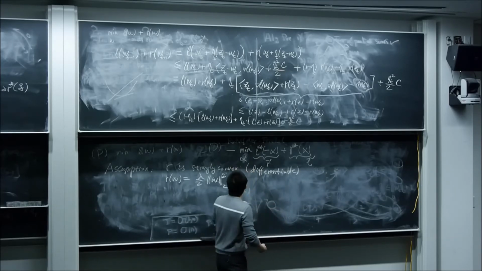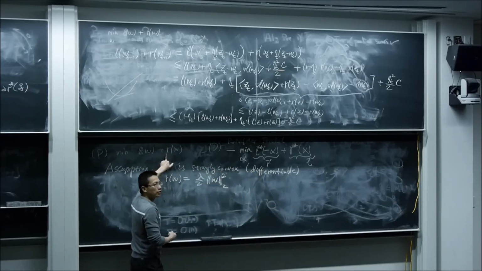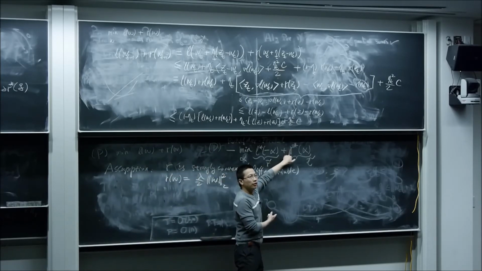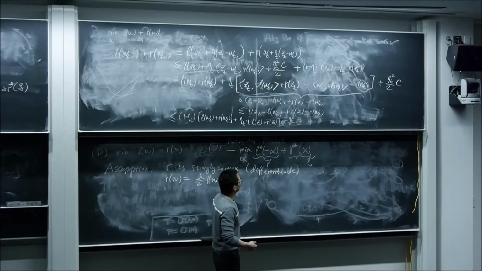The reason to do this is because we assume the regularizer is strongly convex. Therefore, its Fenchel conjugate is going to be a smooth function. And in order to apply the conditional gradient algorithm, we need the loss function to be smooth. That's why we change the meaning. This one now is a loss function. So you can apply the conditional gradient algorithm in the dual.